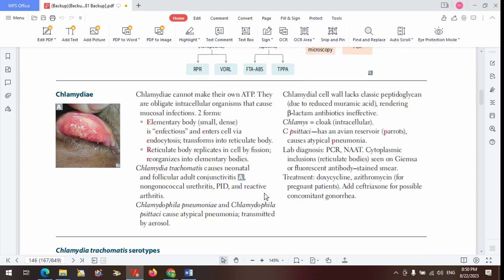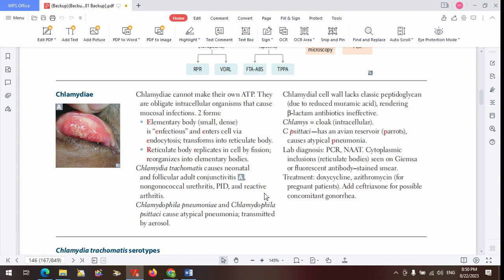Chlamydia. Just like Rickettsia, chlamydia is one of those obligate intracellular organisms. They stay entirely within the cell that they are affecting. They depend on that cell for their own ATP. It has to form the elementary body and the reticulate body. The elementary body, from the way it sounds, is the form by which it gains entry into the cell and causes the infection.